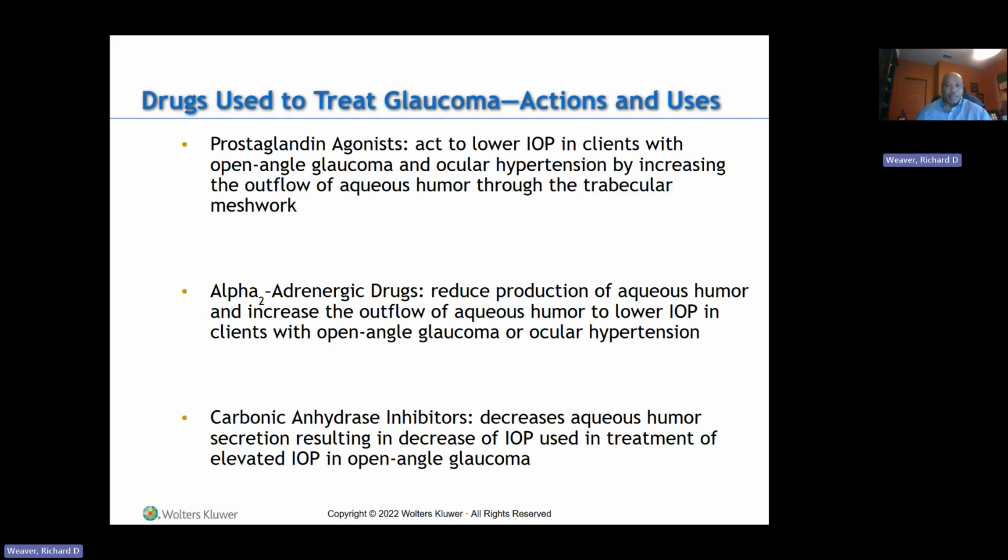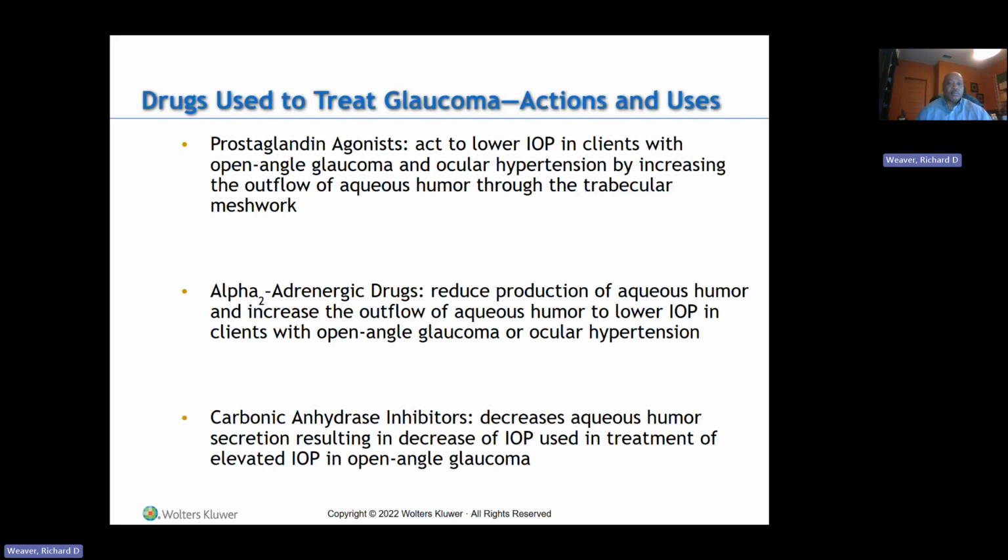Now, remember I talked about the beta adrenergic blocking drugs. We talked about that with some of the other disease processes. Well, this is what it was talking about, where some of these drugs are used in other body systems.